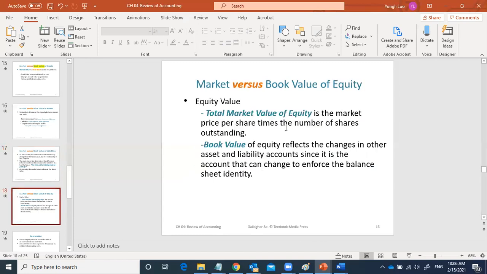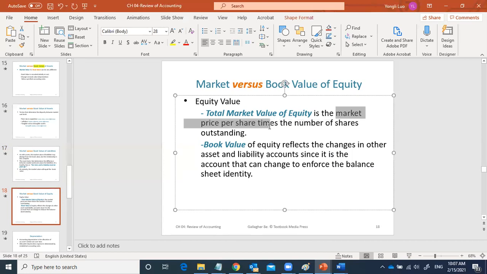So the total market value of the equity is the market price per share times the total number of shares outstanding.